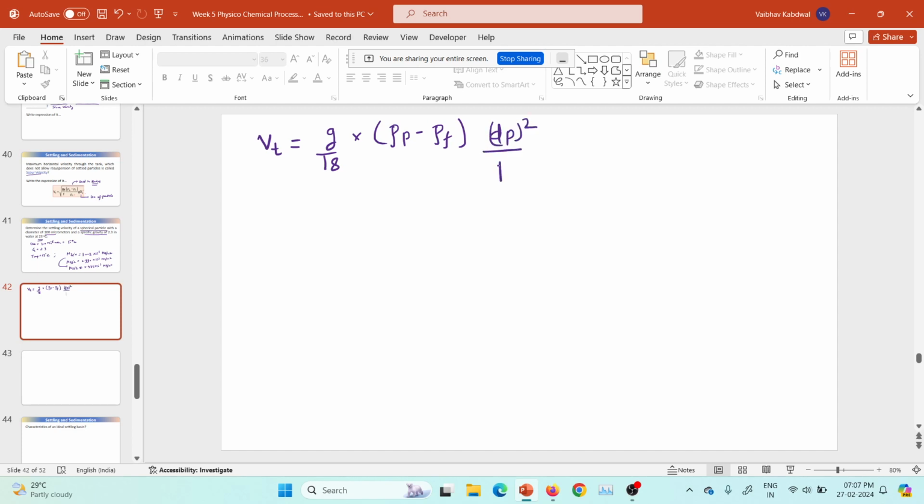So if mu is decreasing, if dynamic viscosity is decreasing when temperature increases, we have seen mu is inversely proportional to temperature. If temperature increases, mu decreases.